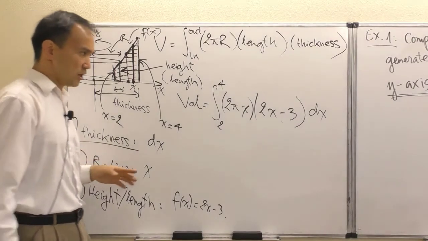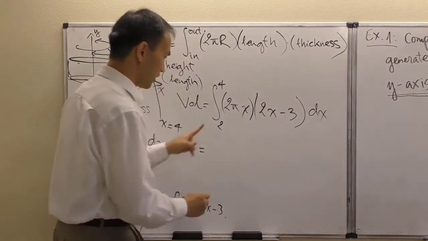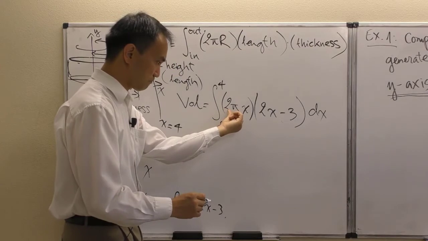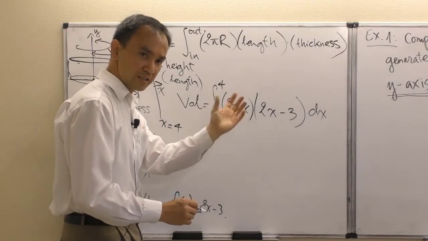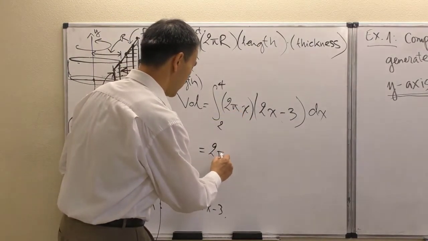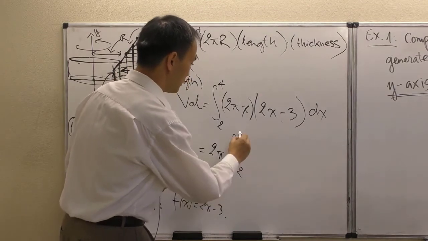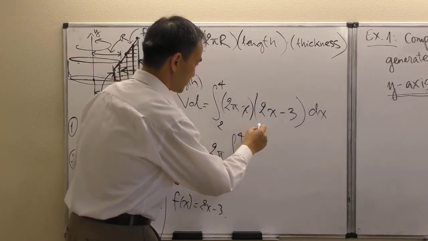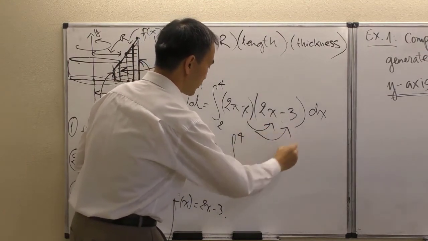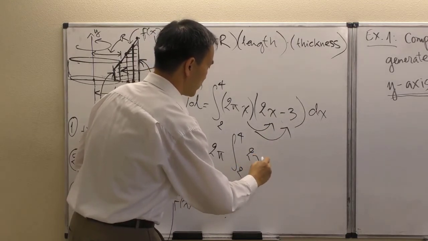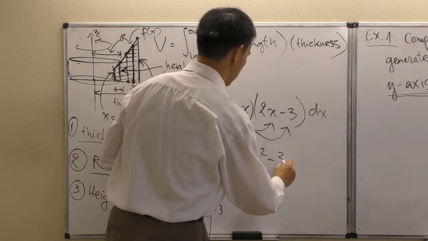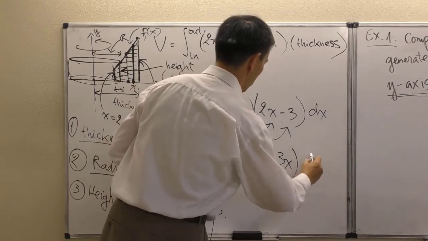Realizing that we can have this 2 pi as a constant coefficient, I can pull it out front, and then from 2 to 4, x is distributed through each term. So I'm looking at 2x squared minus 3x with a dx.